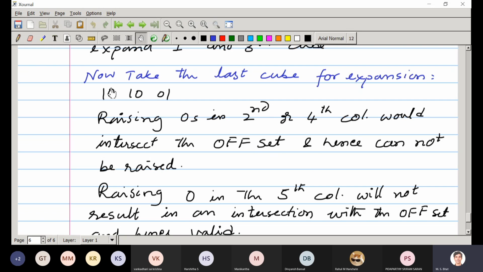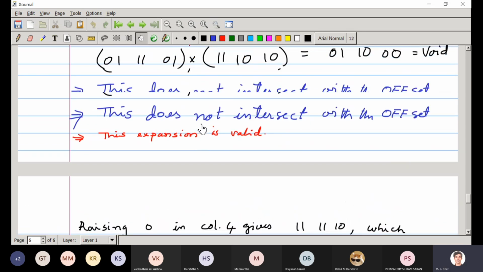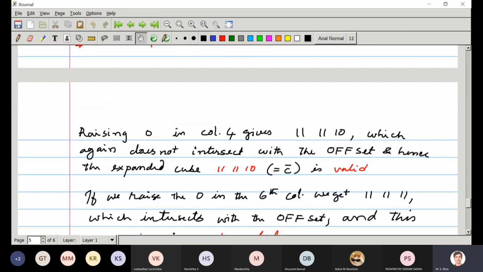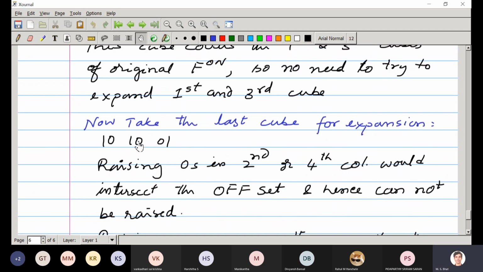So you make this 1, 1, then you see the offset is here. If I make this thing 1, 1, then that will intersect with this as well as this. Similarly, fourth column, 1, 0. If I make it 1, 1, then also it intersects with the offset.